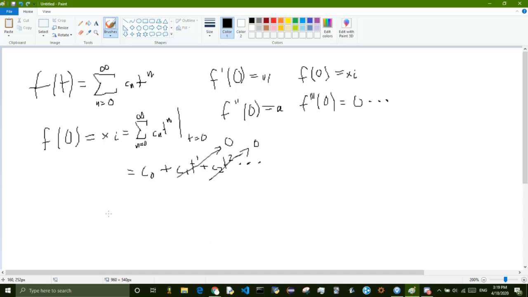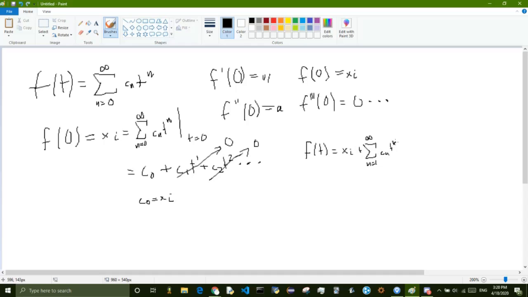So now you know C0 equals xi. That's simple. Now we know that f of t starts with xi times t to the 0, or 1, plus the sum running from n equals 1 to infinity of the rest of the terms, Cn t to the n.